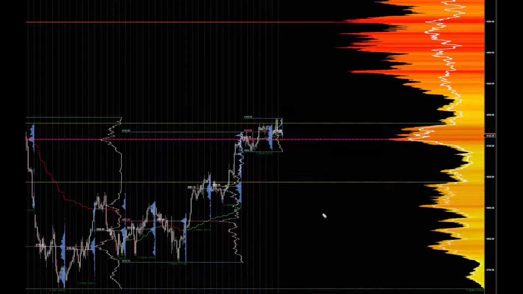Really quickly, I could point out how I love to look at this chart: each one of these big highlighted profiles is a monthly profile. These are monthlies. This is this month. So I can come here and really quickly get a macro view of what we've been doing.